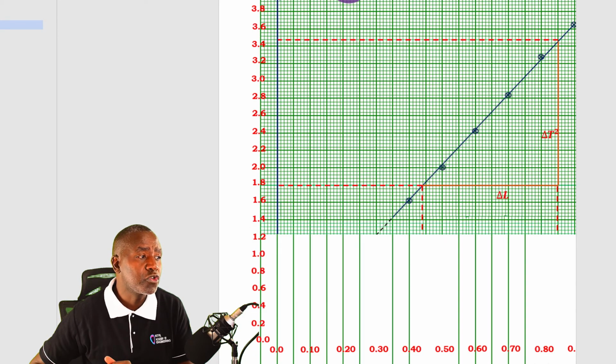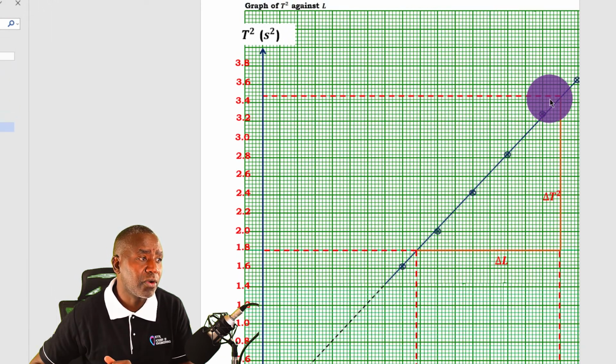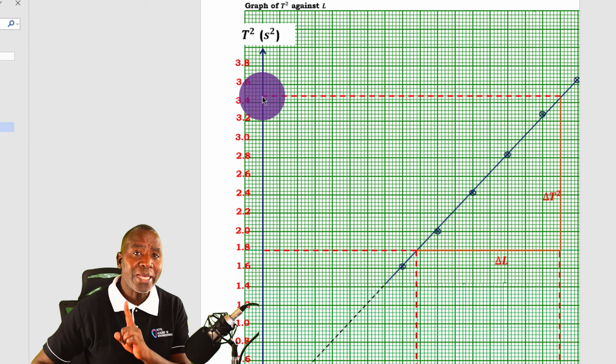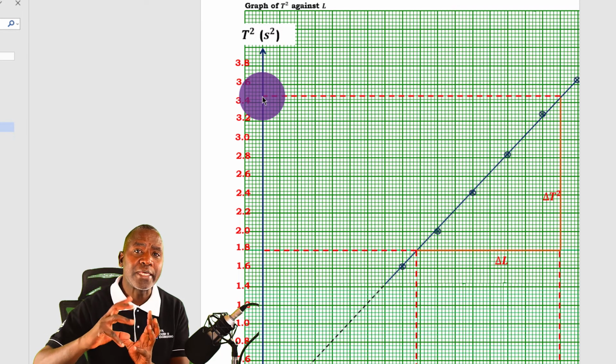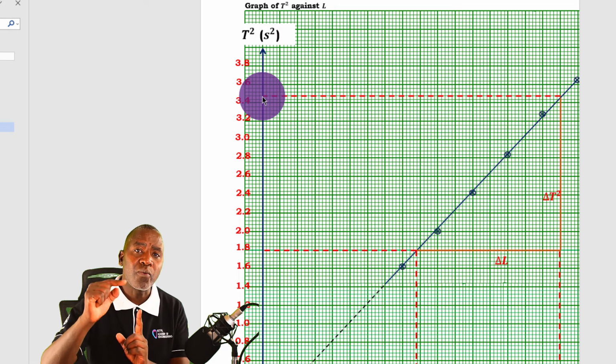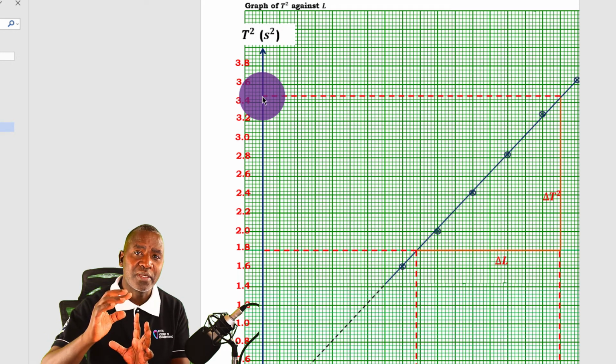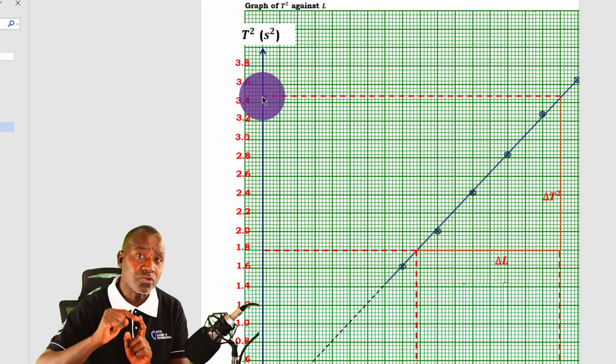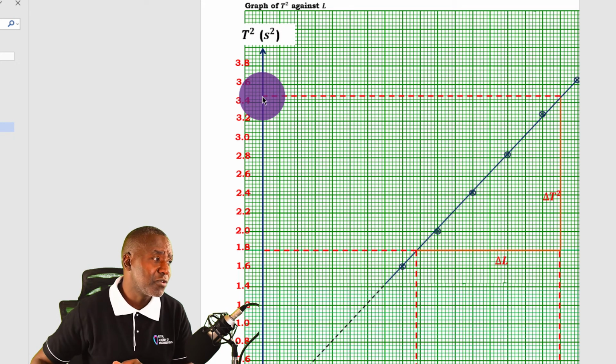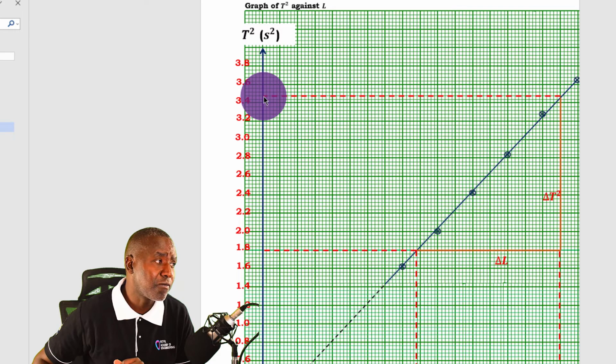Now, once you've drawn that right angled triangle, you must dot this particular point here. You dot it backwards like this in order to find x, to find y2. Because delta y is y2 minus y1. That is how we do it. While delta x is x2 minus x1. So you must find the value of y2.